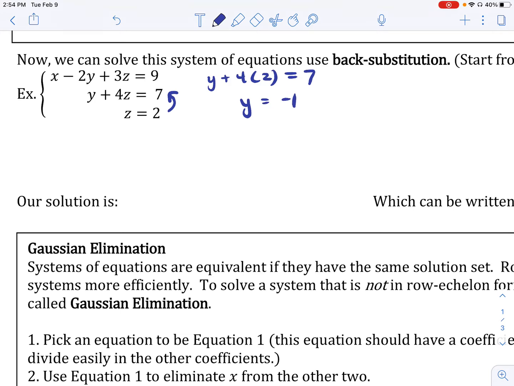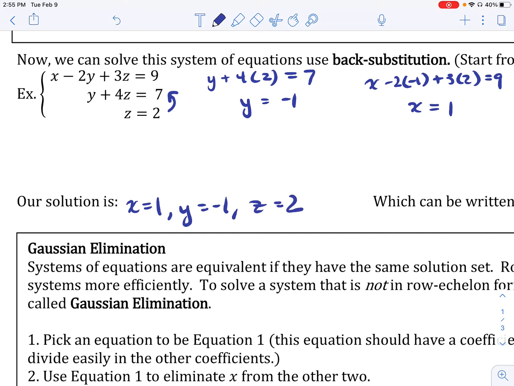Now we know what z and y are. We're going to go ahead and find what x is. So we're going to say x minus 2 times negative 1 plus 3 times 2 is equal to 9. And that means x should be equal to 1. So our solution would be x is equal to 1, y is equal to negative 1, and z is equal to 2.